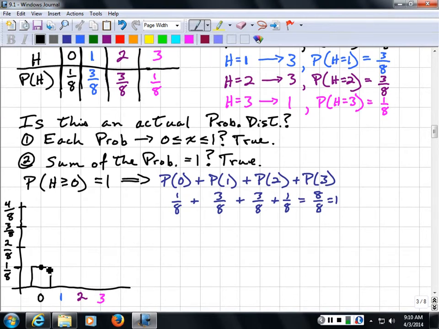Then I'm going to draw my next bar for the probability of 1, and that's going to go up to 3/8. Now notice that the bars are touching, and they have to in order for it to be a histogram. You cannot leave any separation between the two. Then the next one is also at 3/8.